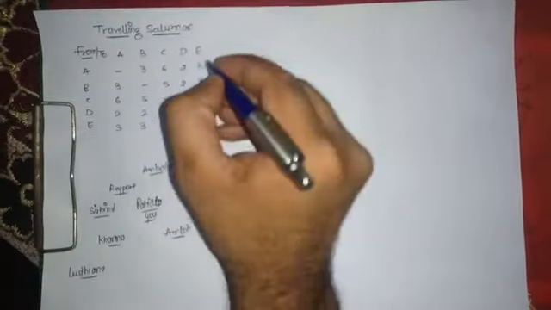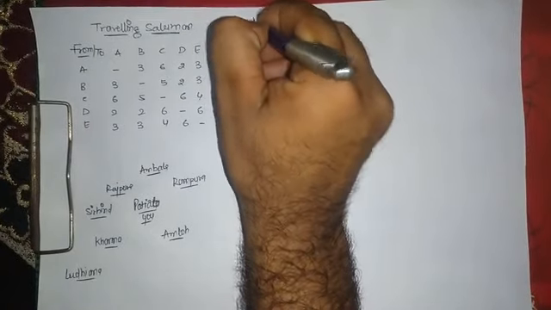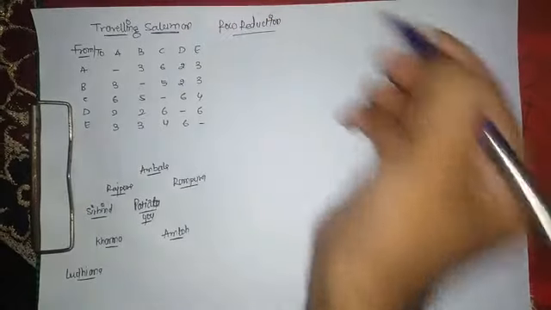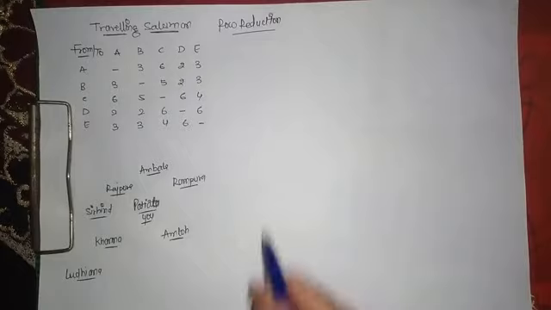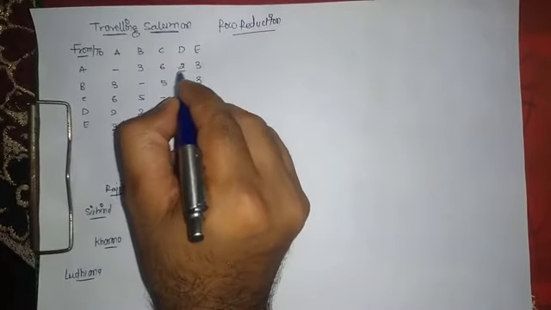So here it is. What will be our first step? That is row reduction. If we do row reduction, in our first row the smallest element is 2.